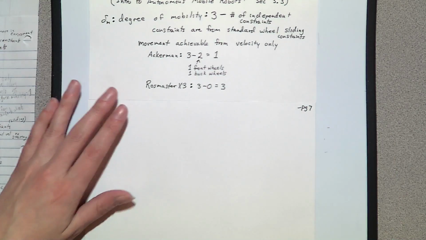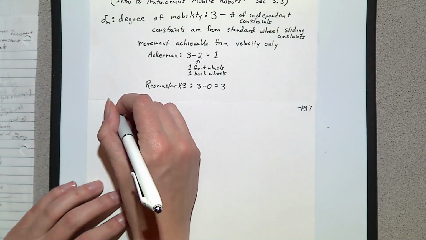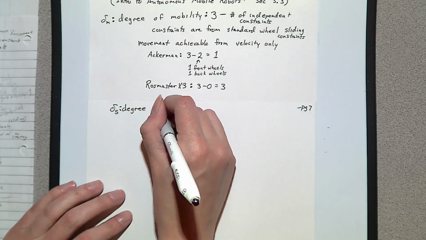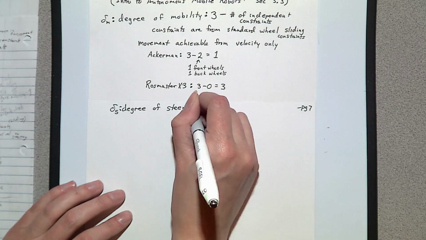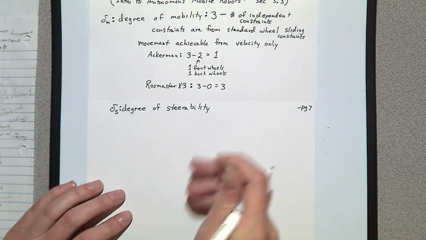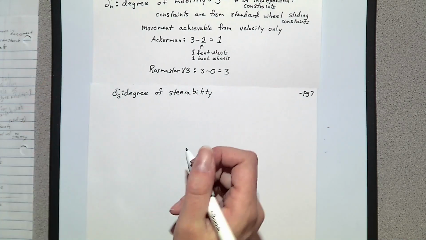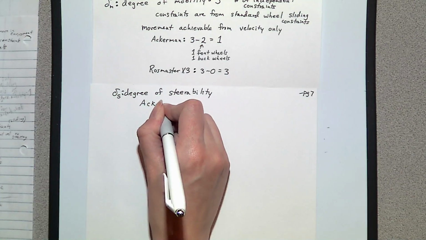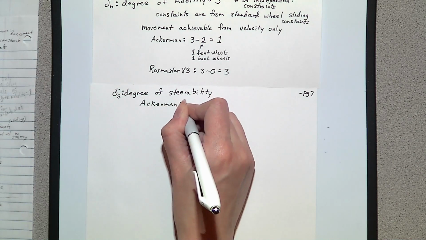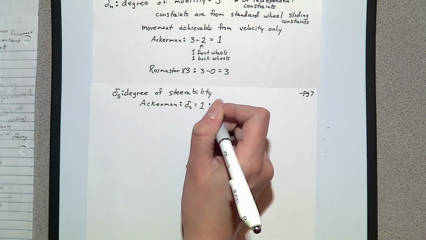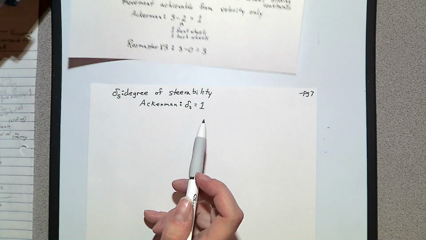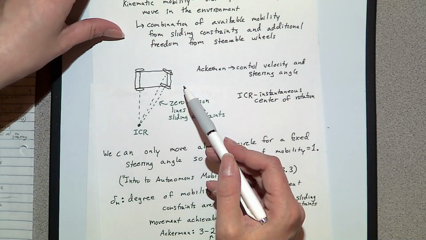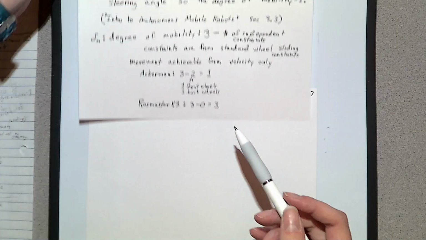And then we also have the degree of steerability. For the Ackermann, we have delta S is 1 because these two wheels are coupled, so we control them with the one steering angle.